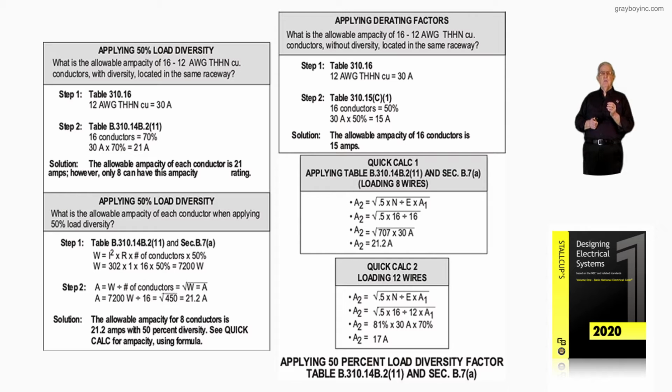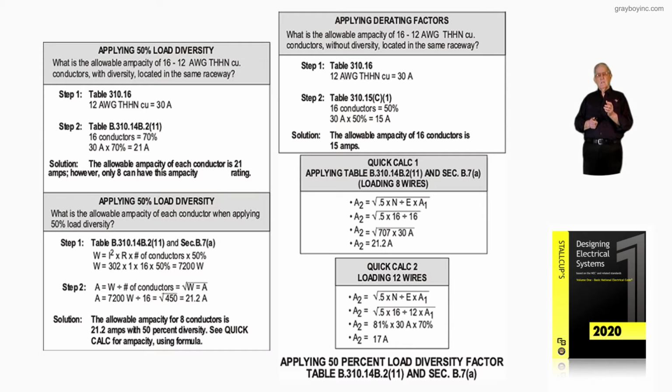In the second bullet, A2 is equal to 0.50 times 16, that is 16 conductors, divided by 16. Then A2 would be the 0.707 times 30 amps, we come up with 21.2. That's loading half of the conductors.